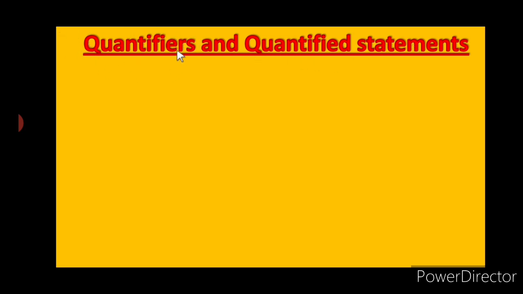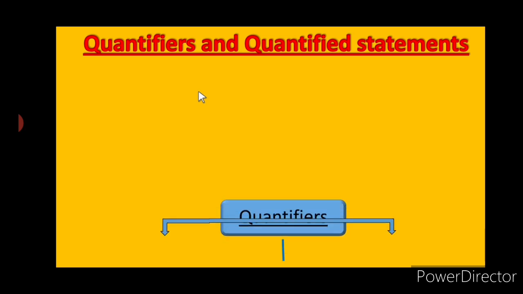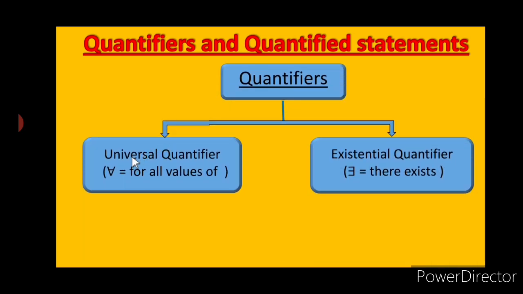Now, quantifiers, as the name suggests, relate to the number of values of the variables that we are going to use in the statement. Especially there are two types of quantifiers, universal quantifier and existential quantifier.